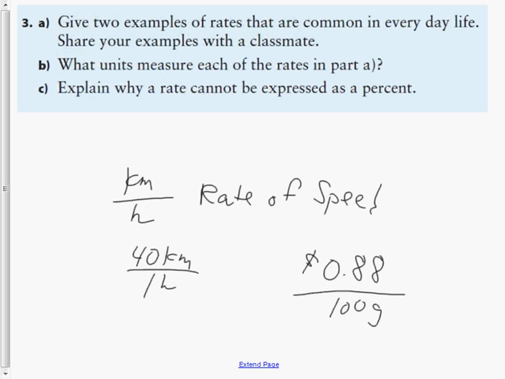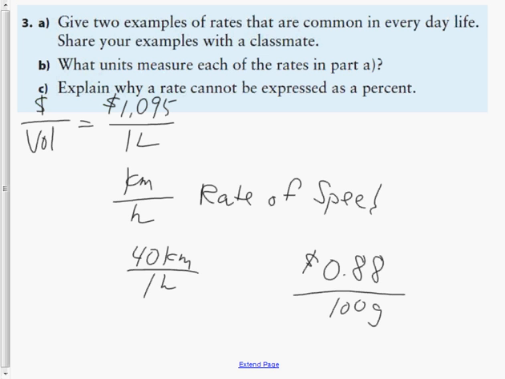Or another one would be volume. Cost of volume if you buy gasoline. Right now it's roughly $1.095 per 1 liter of gasoline. And that would be a unit rate.